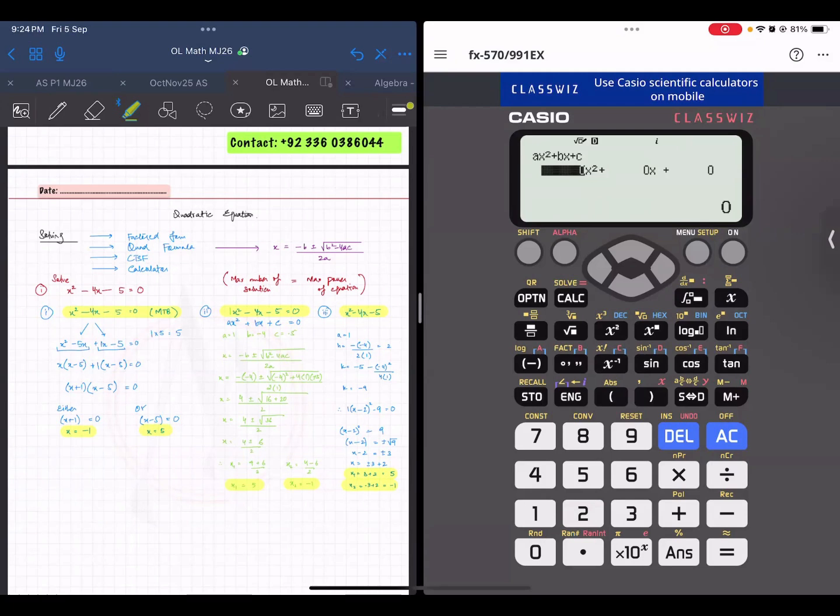And you again just put in the values of a, b, and c. The same a, b, c you used in your completing the square form and the quadratic formula. A is your 1. B is your -4. Sorry. -4. And c is -5. Is equals to, look, your x1 is 5 and x2 is -1. You got the same answer.